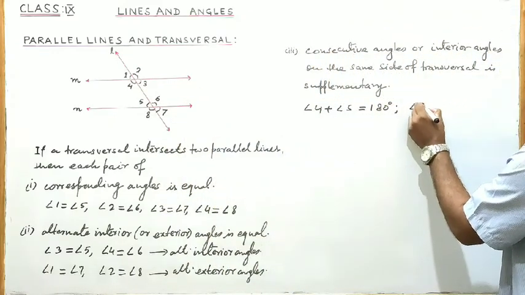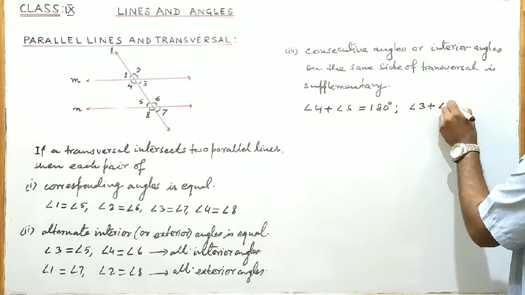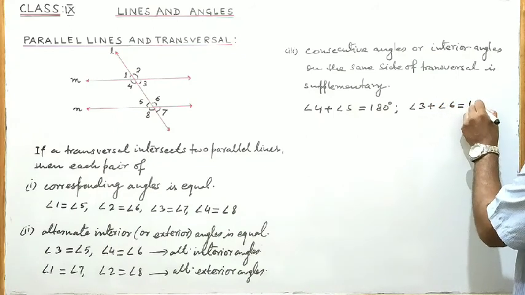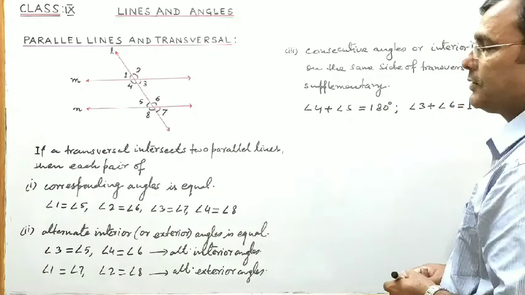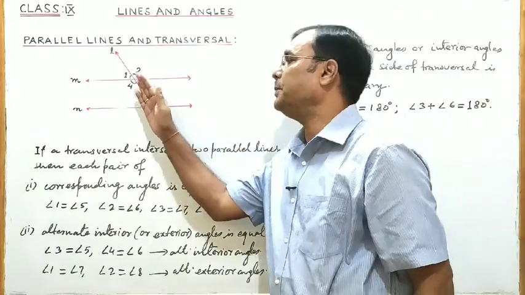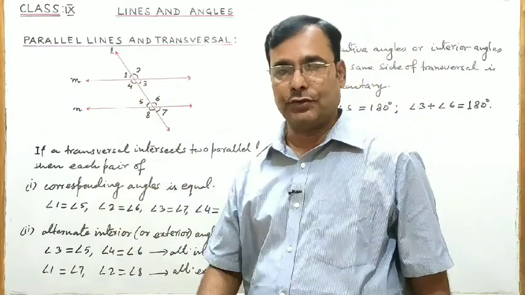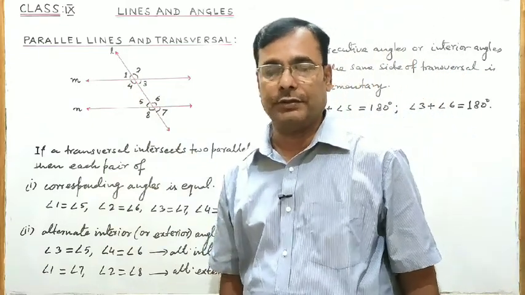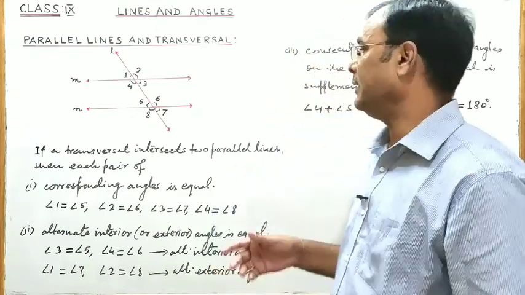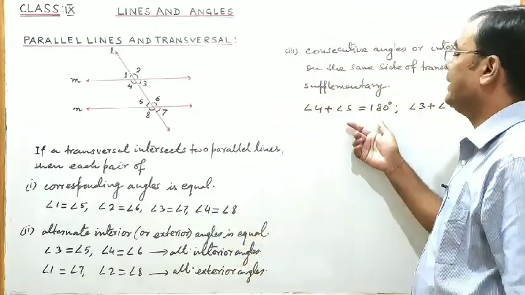So angle 3 plus angle 6 is also equal to 180 degrees, as they are supplementary. So this way, a consecutive pair of angles, if a transversal intersects two parallel lines, are always supplementary angles and their sum is 180 degrees.